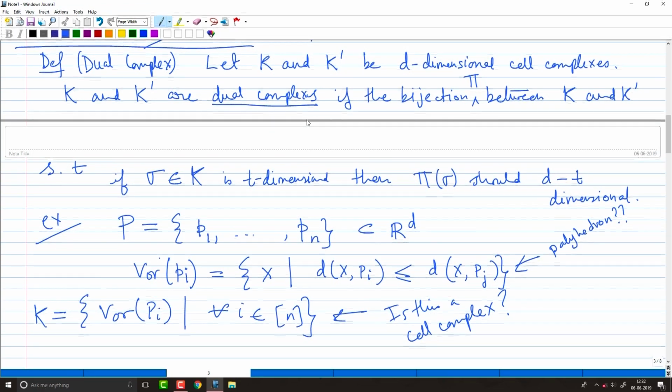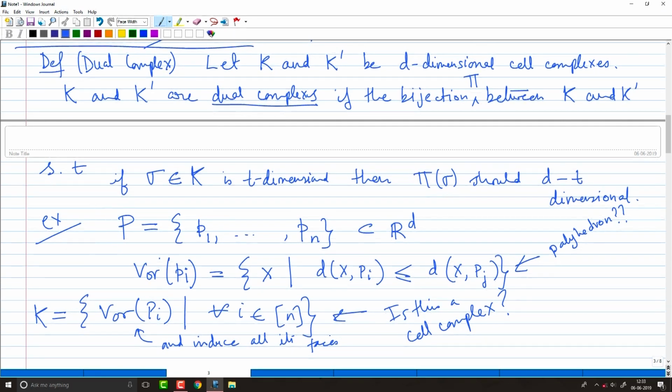But if you do that, one thing you can do is first get the Voronoi cell and then include all its faces. For each Pi, add Vor of Pi and include all its faces. That will be a valid one.